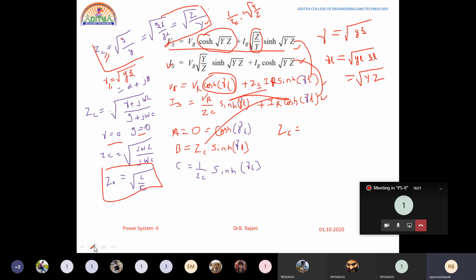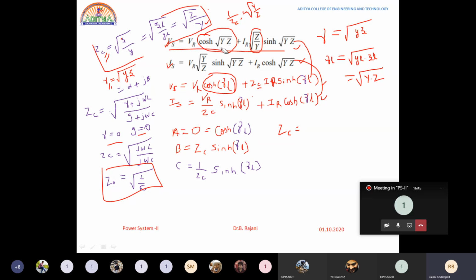You can straight away change it to your known formula. These two formulas, Vs and Is, we know. So if they are given this way, then you can change it into this form. Why? Because gamma L is equal to root over YL into ZL, that is nothing but capital Y into capital Z, which is nothing but this one. Cosh is common.